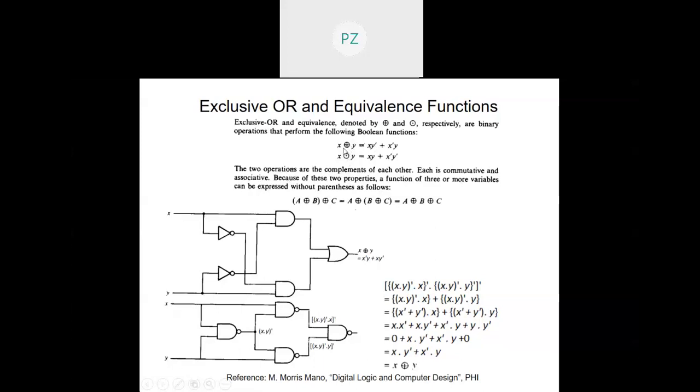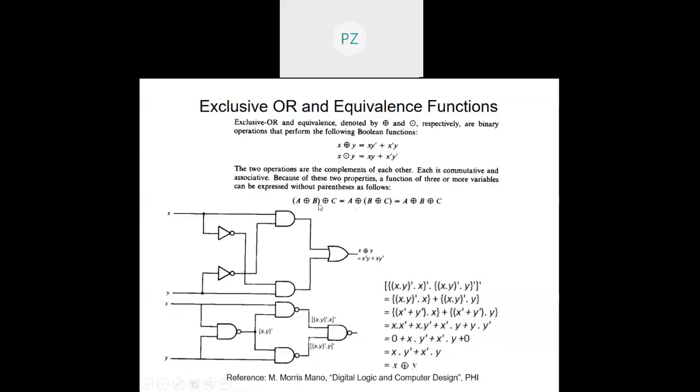By commutative we mean x exclusive OR with y is equivalent to y exclusive OR with x. Similarly, x exclusive NOR with y is equivalent to y exclusive NOR with x. Similarly, associativity: a function of three or more variables can be expressed without parentheses using the associative law.